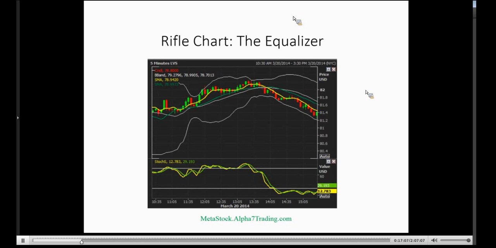So this is your basic rifle chart, composed of your 5 and 15 period simple moving averages. 5 in yellow up here, 15 in green, and then we have our Bollinger Bands, your upper, lower, and middle. The middle Bollinger Band also acts as a 20 period moving average. And then your stochastics are on the second portion of the chart. The yellow is the elite stochastic, the green is the laggard stochastic.